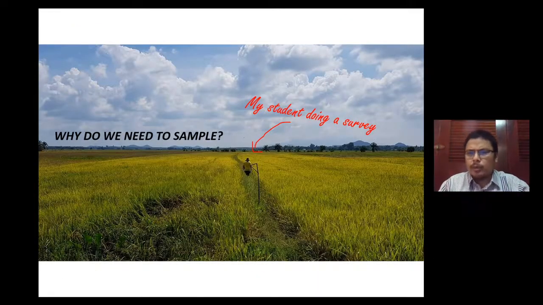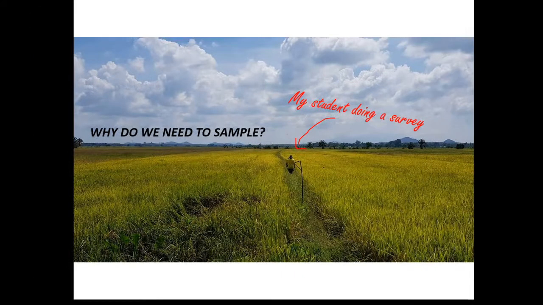So again, why do we need to sample? If you want to know what kind of plants are in a particular habitat and how many there are of each species, it is usually impossible to go and count each and every one present. It would be like trying to count different sizes and colors of grains of sand on the beach.